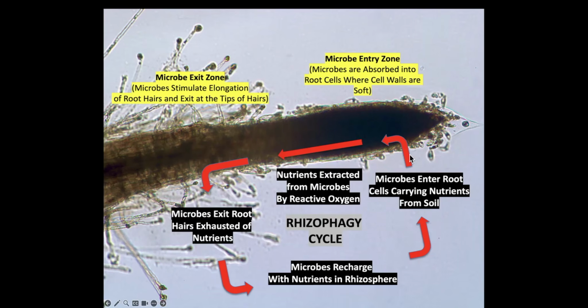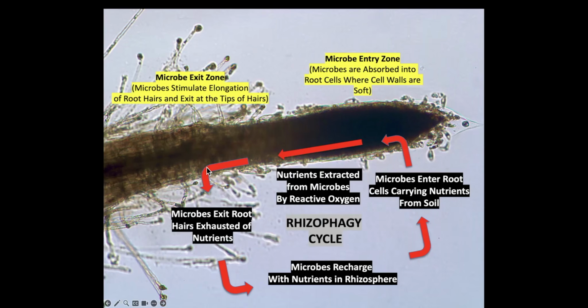So microbes come swimming, growing toward the tip, and then the plant cultivates them right there and absorbs them. Then it begins to extract nutrients from them oxidatively using reactive oxygen, predominantly superoxide, though there are other forms.